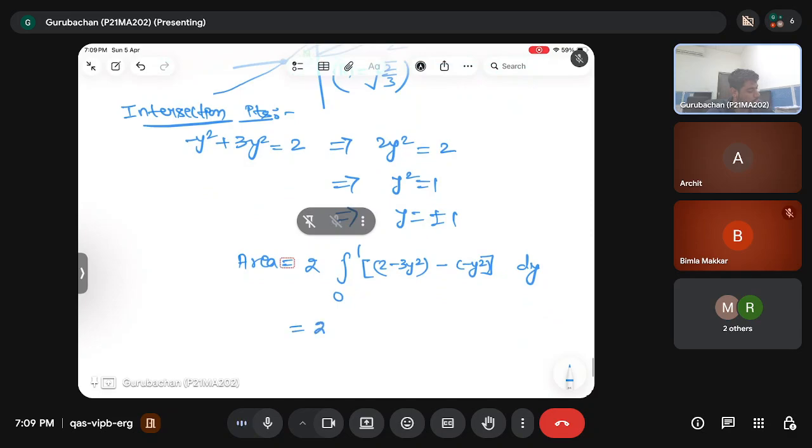So this will give you the integral of 2 minus 3y square plus y square, so it will be 2 minus 2y square, which integrates to 2y minus 2y cube by 3.